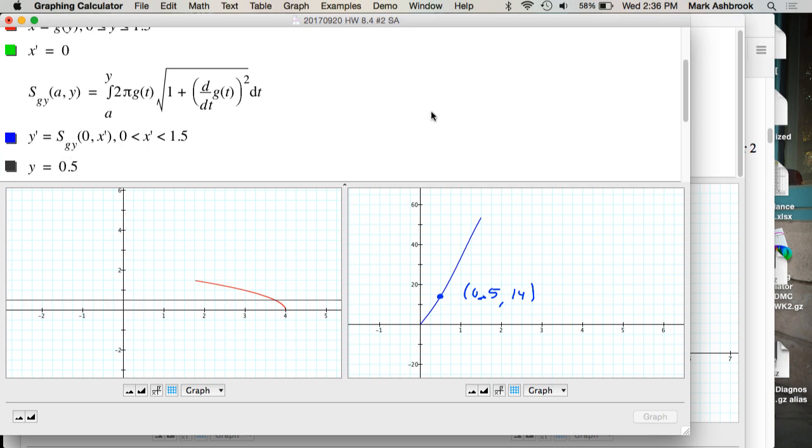So as you go from 0 to 0.5, it's this much right there. Yeah, so that little piece. From y equals 0 to 0.5, you get that much arc length revolved around the y-axis. It's going to give you a little bottom strip of the frisbee, and that bottom strip of the frisbee has 14 square units of surface area.